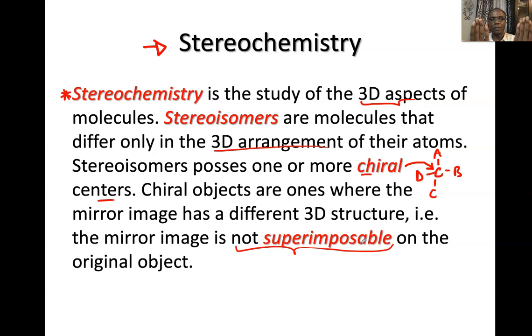So my pair of hands are chiral because they cannot superimpose. They cannot overlap unless I do a rotation of the palm. So you have your hands, use it as a cheat sheet. You'll know what superimposable means. They should match without rotation.